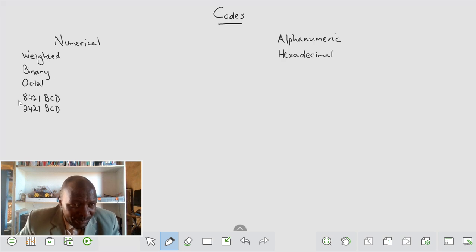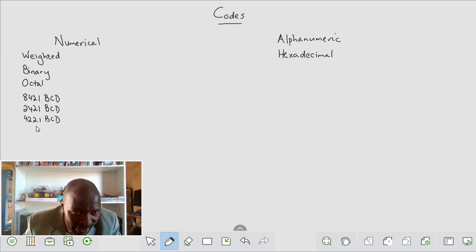Going back to the weighted numerical codes, we have so many of them. We have a 5221, for instance. Let me start with the 4221. There are many.